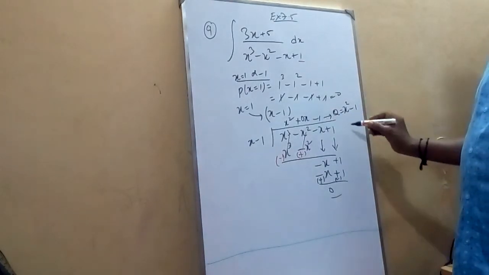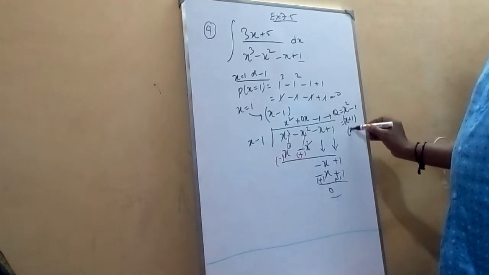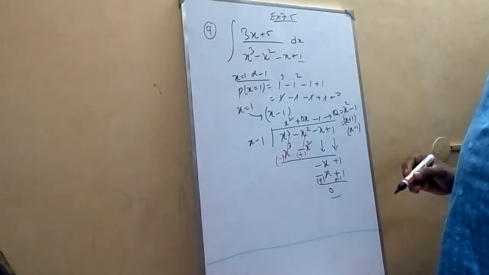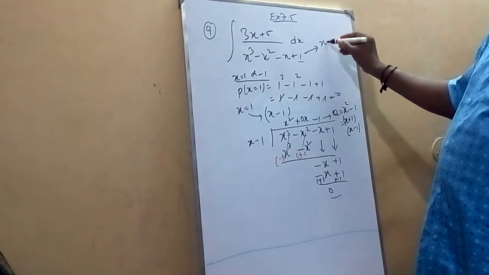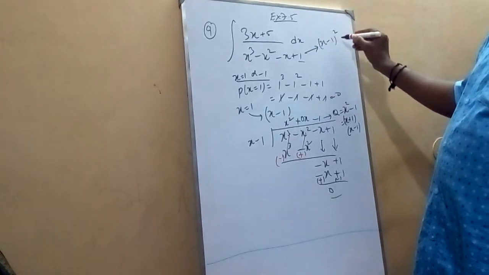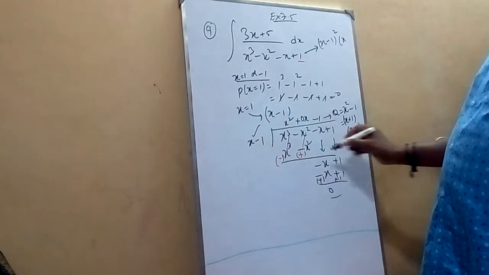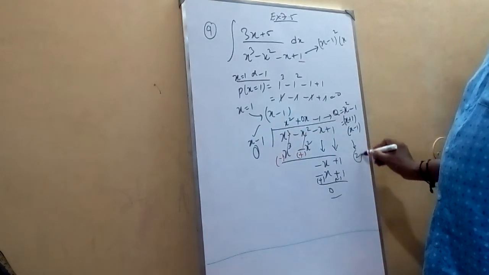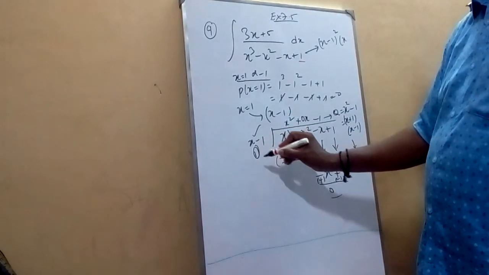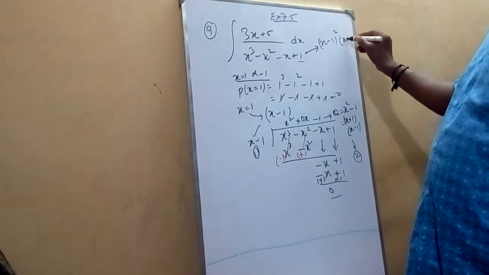This can be written as x plus 1 into x minus 1, using the formula a square minus b square, where x is the first number and 1 is the second number. So the factors are x minus 1, the whole square, into x plus 1.